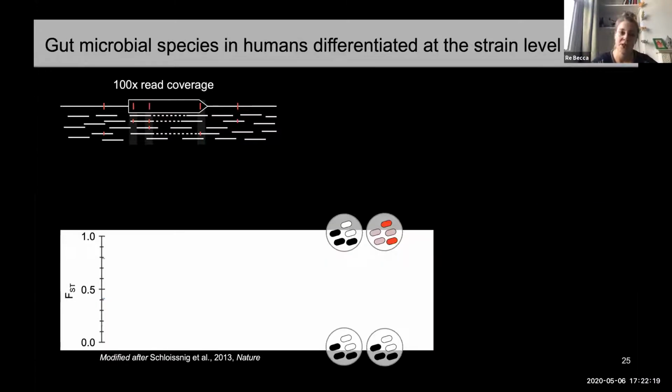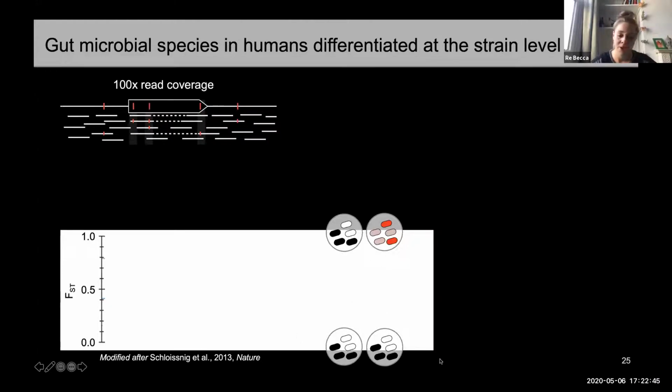And to answer this question, we used a different kind of measure called FST. It's very simplified: FST basically tells us how similar two different populations of microbes are that you are comparing. So if it's very high, closest to 1, you have very dissimilar microbial populations in terms of abundance and presence of the different strains.